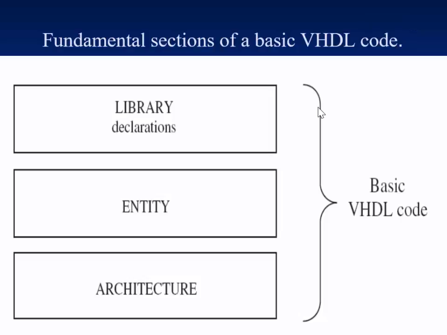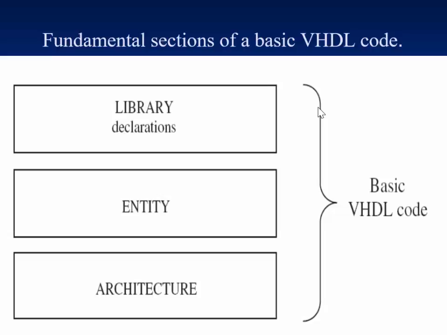basically every VHDL file or piece of logic or hardware, however you call it, has three basic things that are part of our VHDL code. The top part here is the library declarations. VHDL has been around since the 1980s.